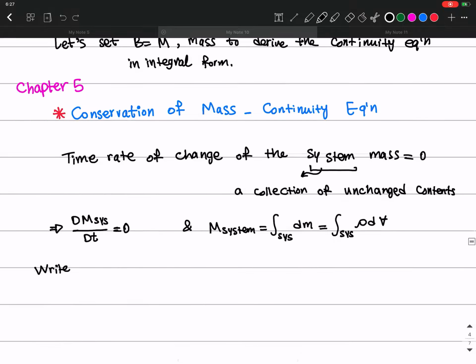So let's write the Reynolds transport theorem with B equals to mass and small b equals to 1.